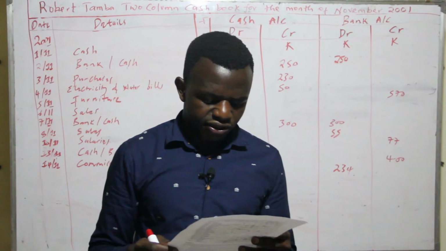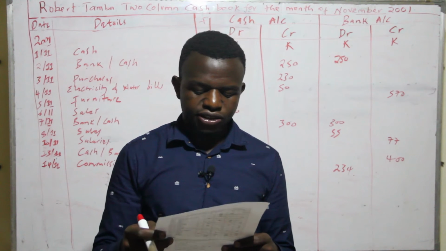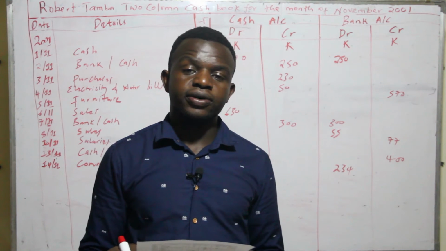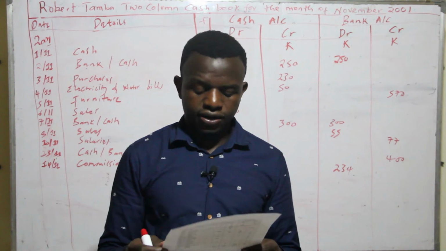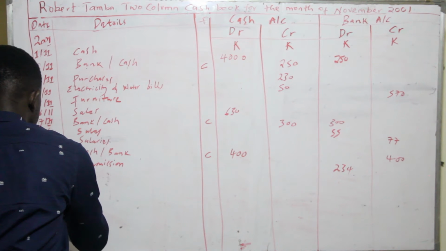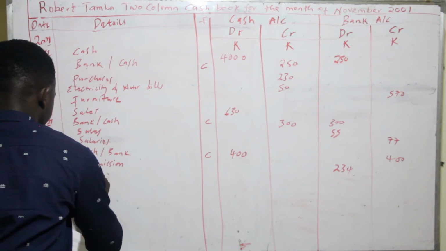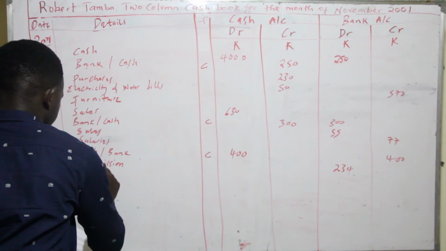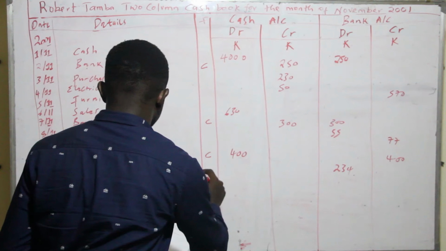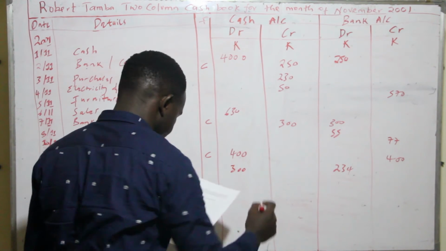Then on the 15th of November, sold goods to Oliver in cash amounting to 300 kwacha. So we are going to debit that amount in our cash account. So say 15th. Sold goods to Oliver, so we can say Oliver there. So we're going to debit that amount, and we have 300.